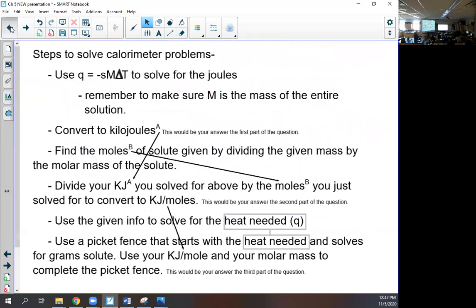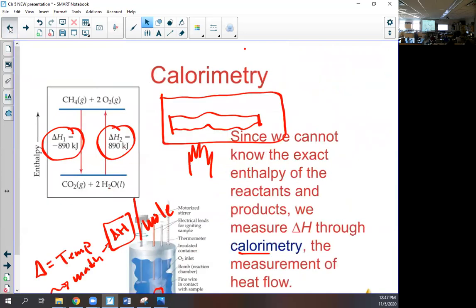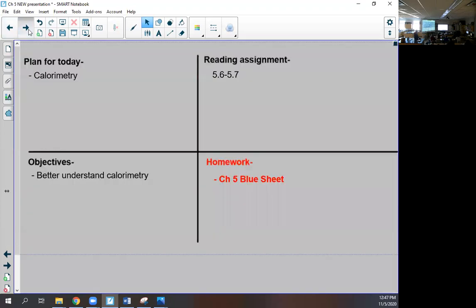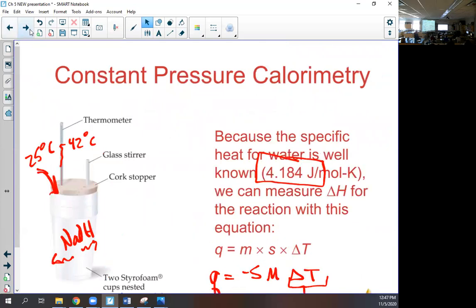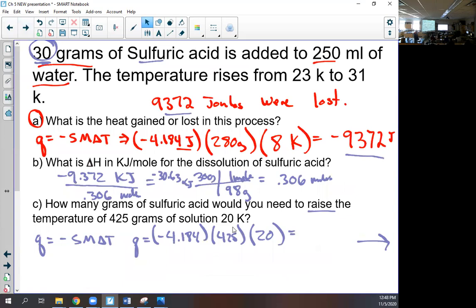So what does S stand for? S stands for the specific heat for water. It's way back here. I have it in my notes, right at the very start. It's the energy required to raise it 1 degree Celsius, how many joules there are in 1 calorie. Okay, did anyone type this in? Negative, thank you.